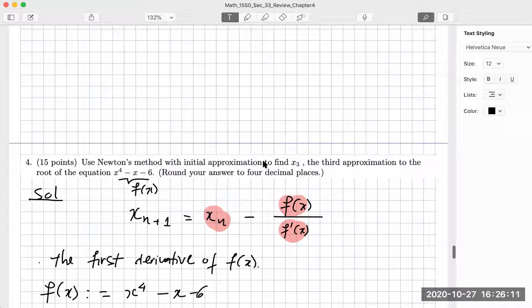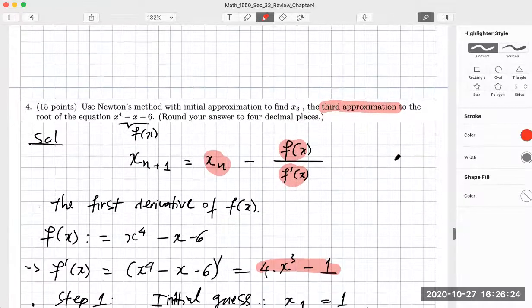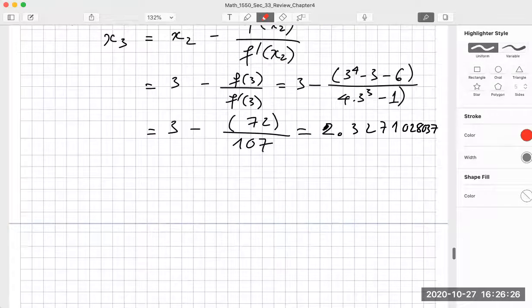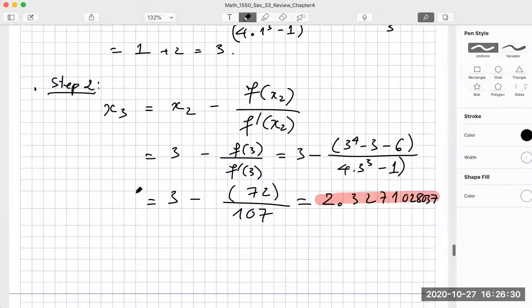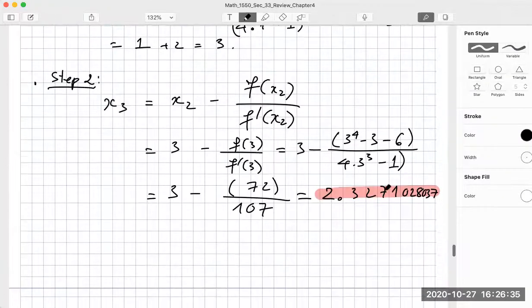The question is to find the third approximation to the root of this equation. This is our third approximation of the root, and it is exact up to 6 decimal places.